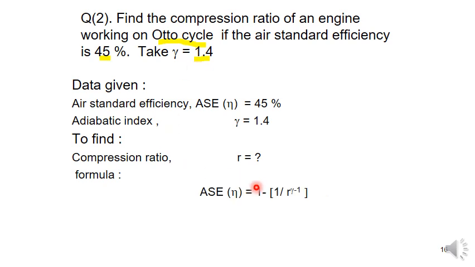We know the efficiency value 0.45, 1 minus 1 divided by R, R we don't know, power 1.4 minus 1, which is 0.4. So here only R is the variable, all the other values we know, and we have to calculate R.